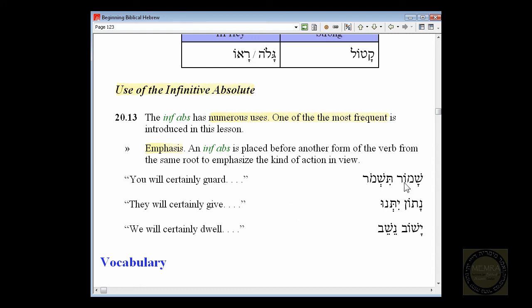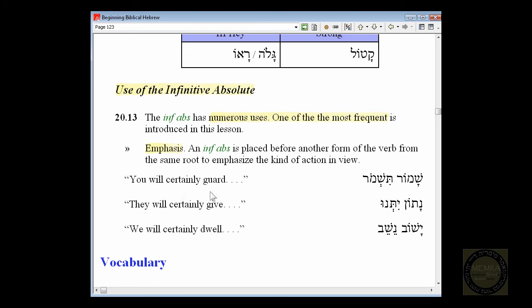There's kametz holem vav. Shamor, tishmor. So we have an infinitive absolute and an imperfect, but it's the same lemma, shamar. Natoan, yitanu. Yashov, neshev. Whenever you have absolute and then an imperfect of the same lemma, you want to translate it with some sort of emphatic English.